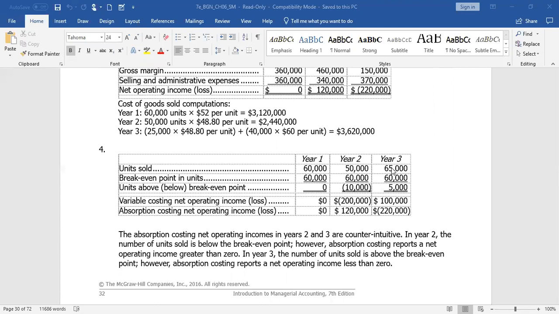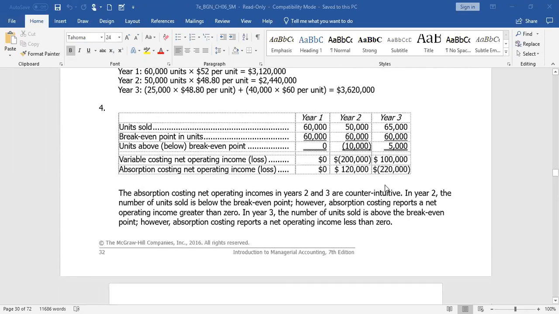So absorption costing is the one that seems counterintuitive. In year 2, the number of units sold is below the break-even. However, absorption costing is reporting an income. And in year 3, it's above, and now it's reporting a loss. Okay, and that's because of the way we're removing the costing.